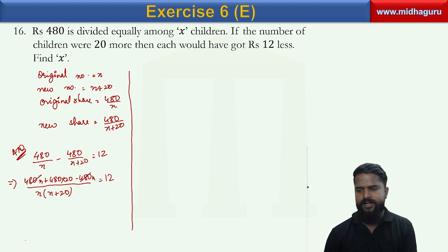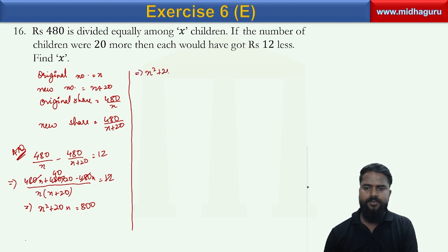So 480x and minus 480x get cancelled. 12 goes into 480 40 times. So we have x square plus 20x, by multiplying this up here and leaving this here, we get 800. Or we can write it as x square plus 20x minus 800 is equal to 0.